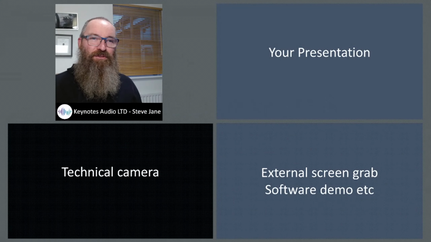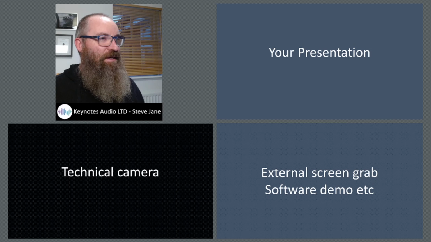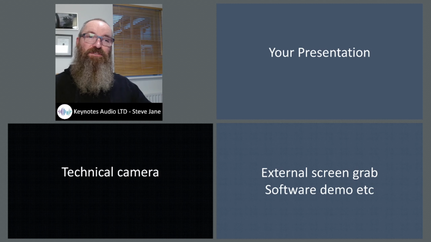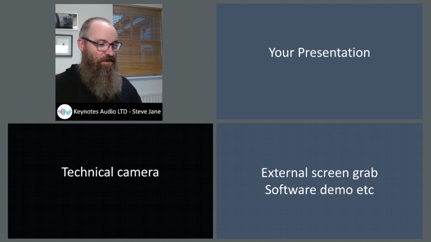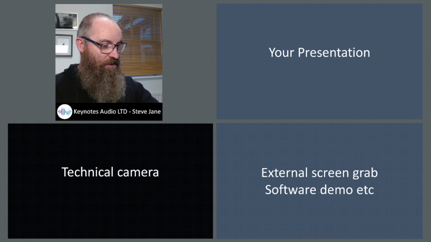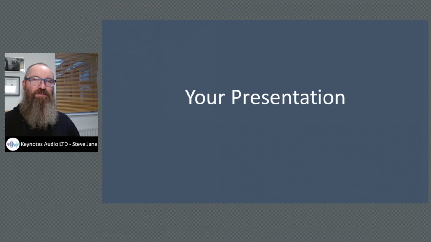That's quite handy because if it's quite intricate, you can go full screen for a few seconds just to show that in action. And then you can return back to this view again, so they can see everything working together. I hope that kind of makes sense. And then of course you can come straight back again to your presentation if you don't need all them different views there.